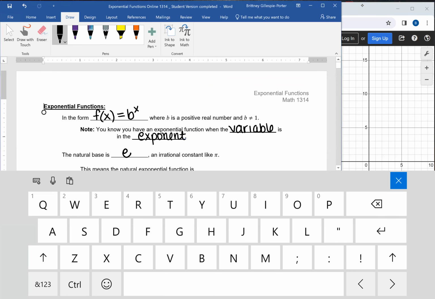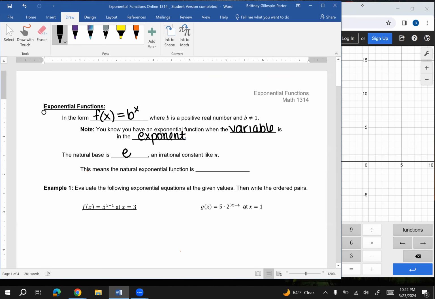Okay. So here, when we're looking at our natural exponential function, that's going to be f of x is equal to e to the x.